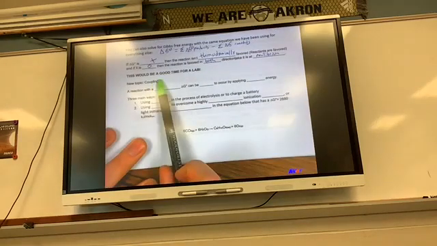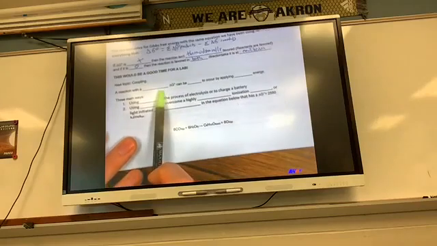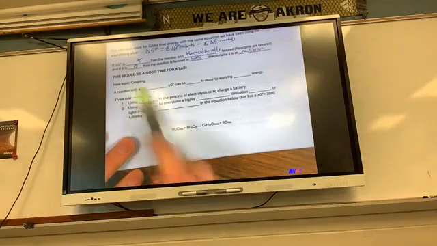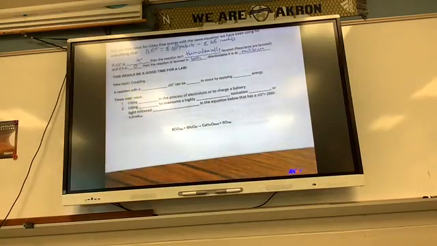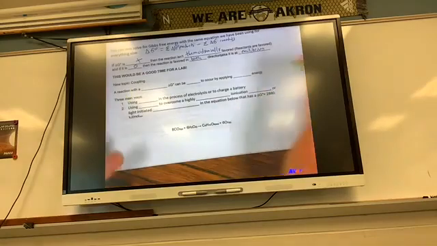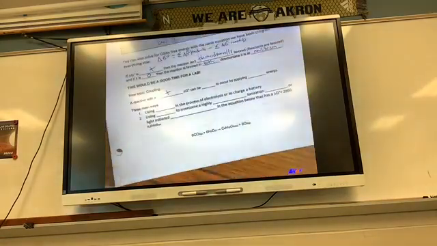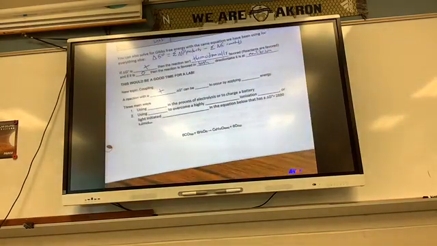All right, so this lab we're going to do on Thursday. And now we're going to talk about what's called coupling. A reaction with a positive delta G. So, let's first of all remember, what does a delta G mean? Delta G is spontaneity, right? If you are positive, does that mean that you will happen or not?